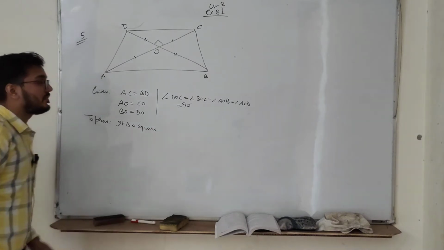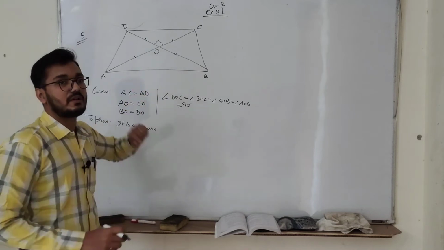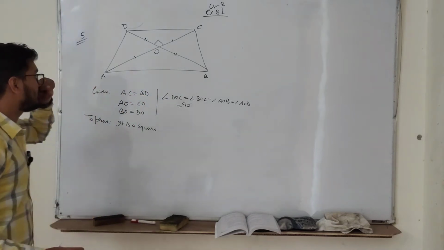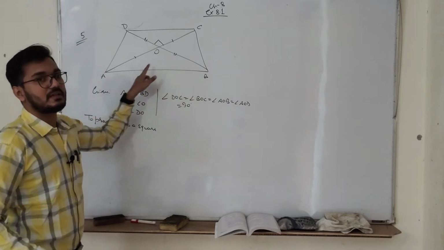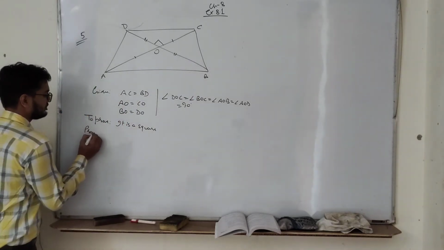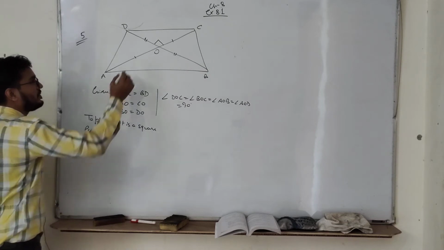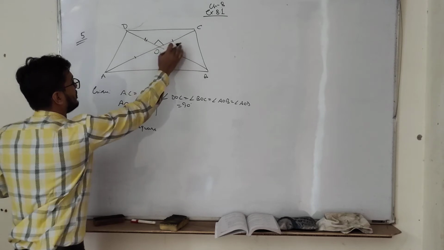So in order to make this quadrilateral a square, we need to prove it first a parallelogram. Then we have to show that all four sides are equal and then each angle is equal to 90 degree, right? So three things we have to prove. In order to make it a parallelogram, just make these two triangles congruent.